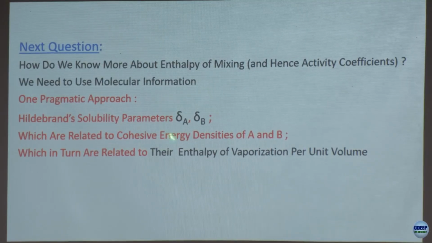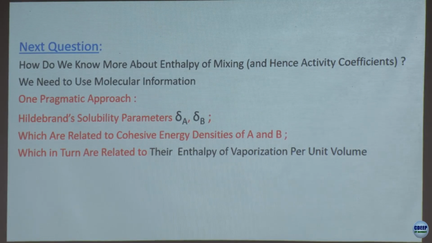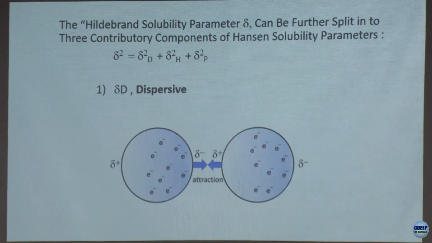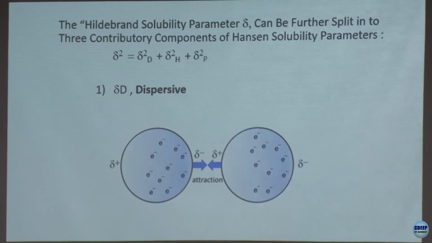So we don't go into the rigorous derivation of these parameters, but let us look at its manifestation, the origin of this, okay. So which are the molecular parameters which contribute to this enthalpy of mixing?